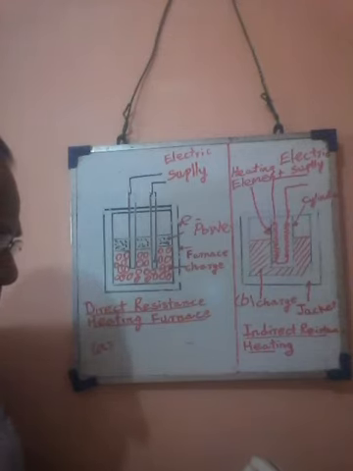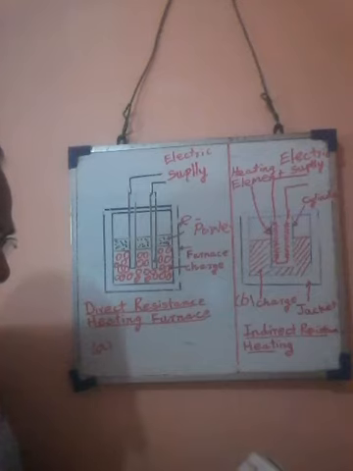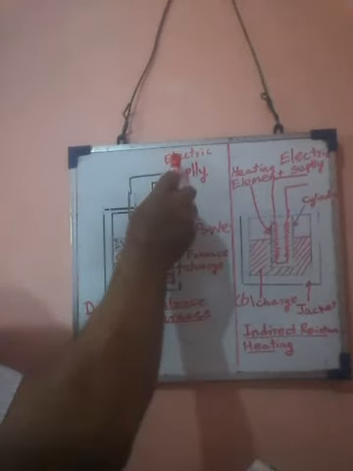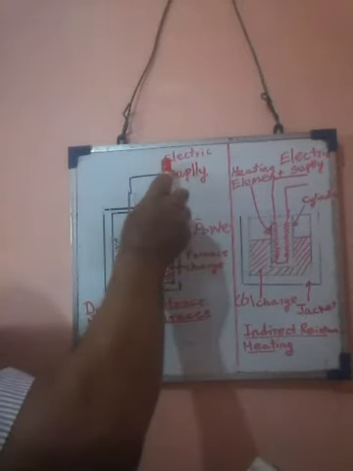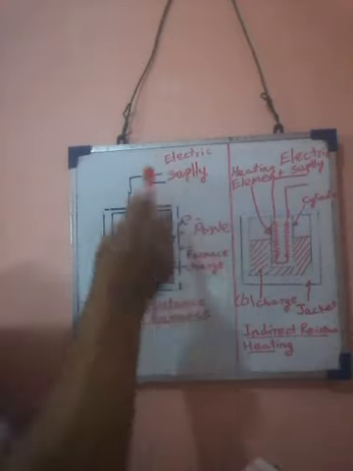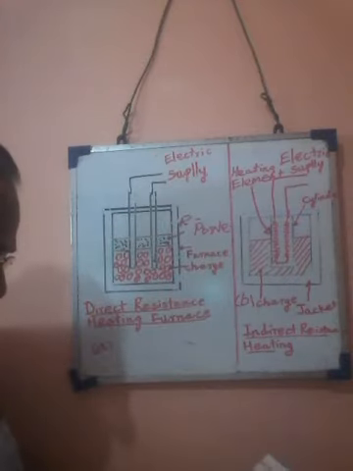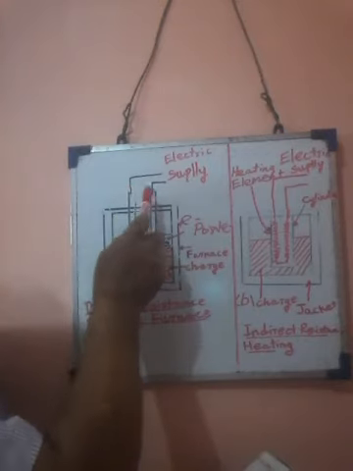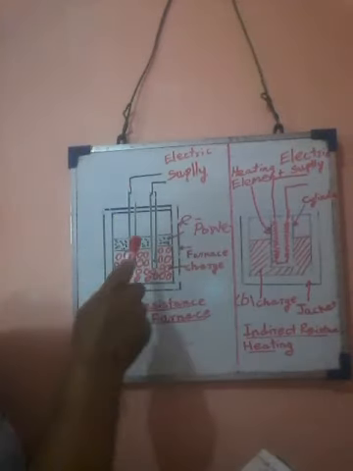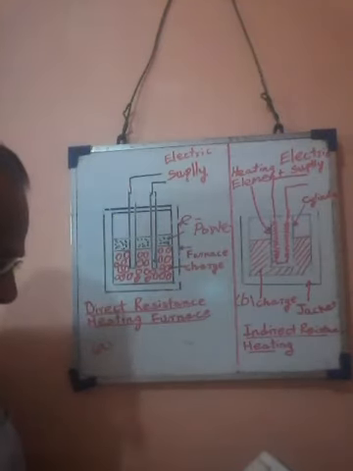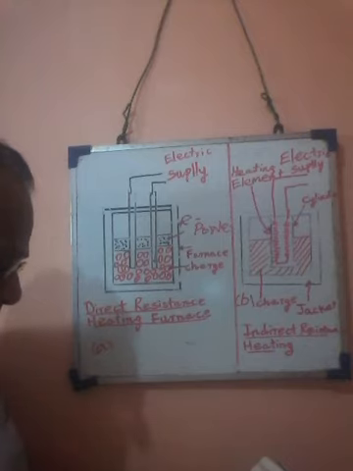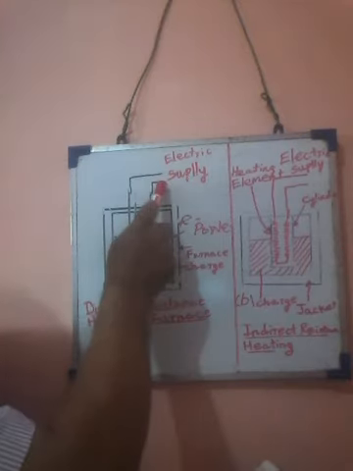The two electrodes are inserted in the charge and connected to either AC or DC. This supply can be AC or DC. Then two electrodes will be required for a single phase supply.